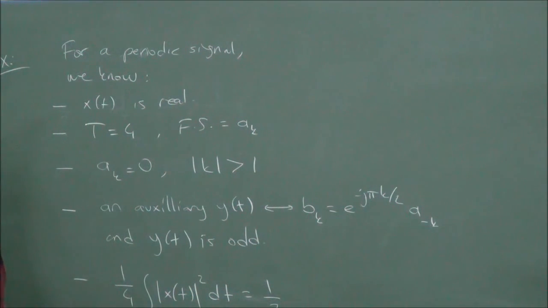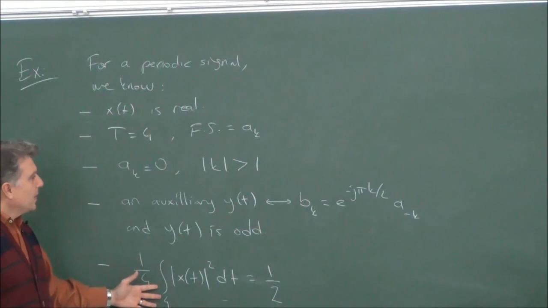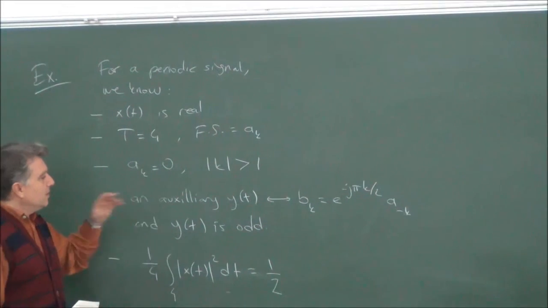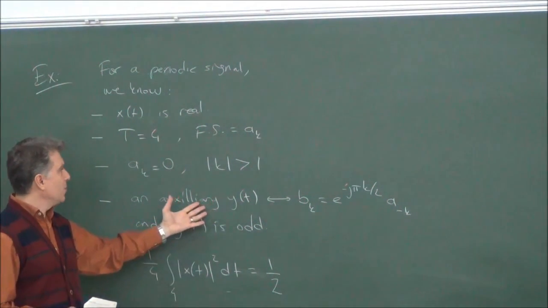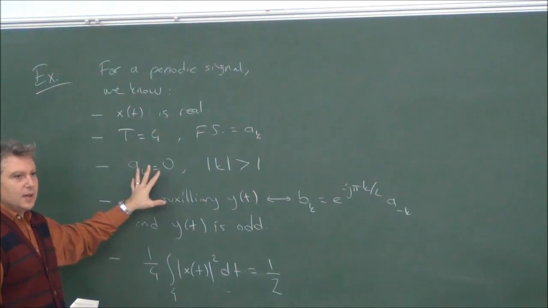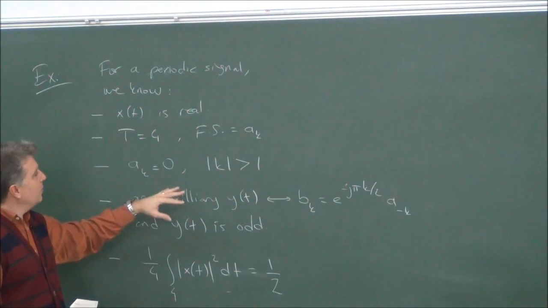So that is the average power. We are not observing the signal, we are observing its average power. We are not observing the signal, but we are looking at a reflected and shifted version of it. We know that it has only three harmonics, A minus 1, A0, and A1.